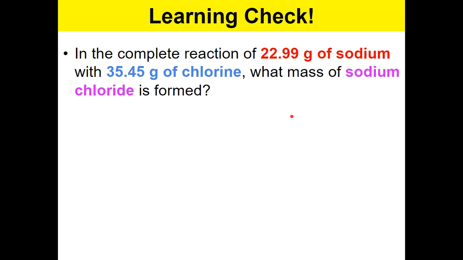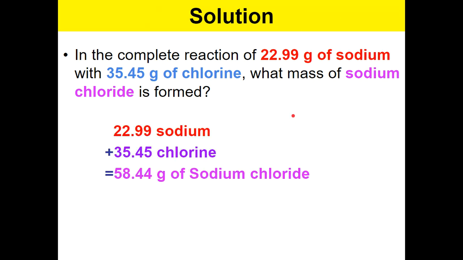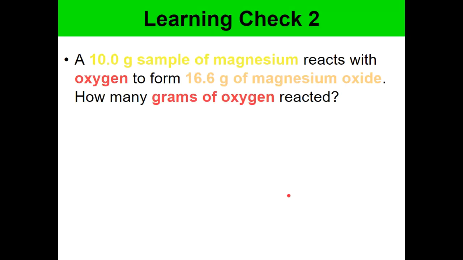And it's saying how much of that do we get? Okay, you add up what you had. So this much sodium plus this much chlorine, and assuming that it all got used up, you just add those together, okay? And you're going to get the sum of those 2 things of sodium chloride, okay?